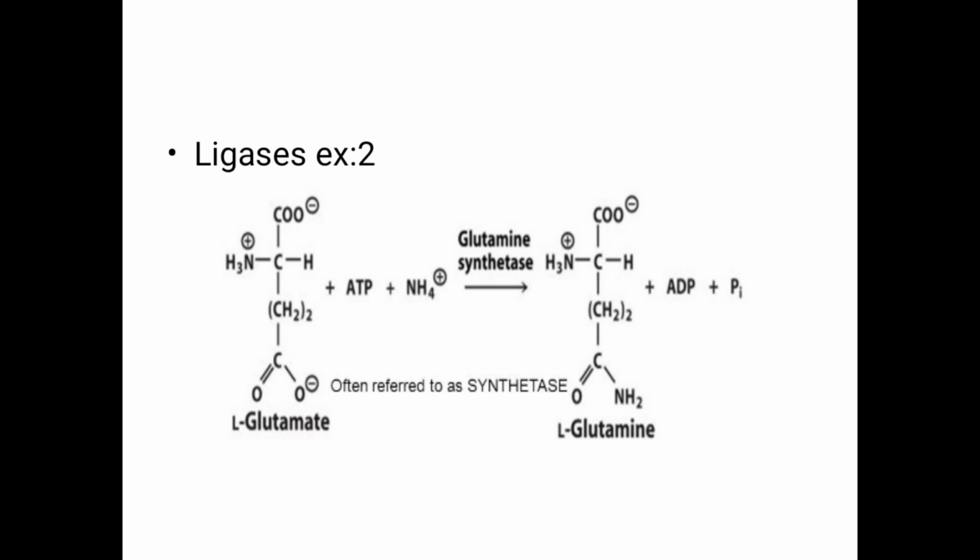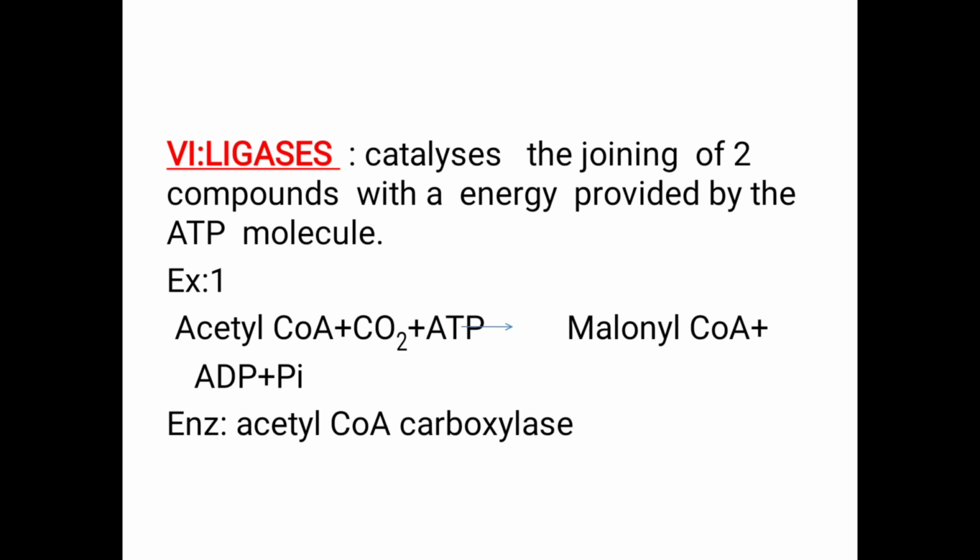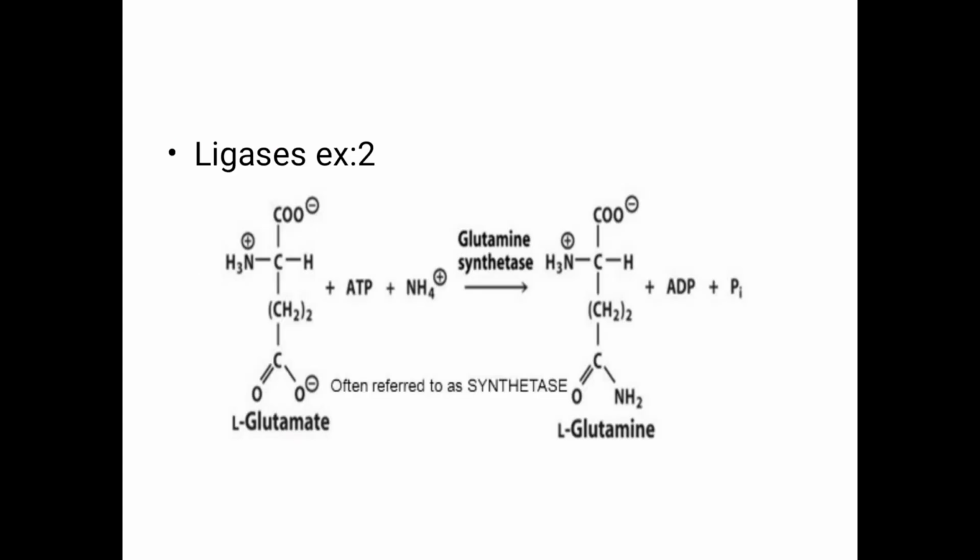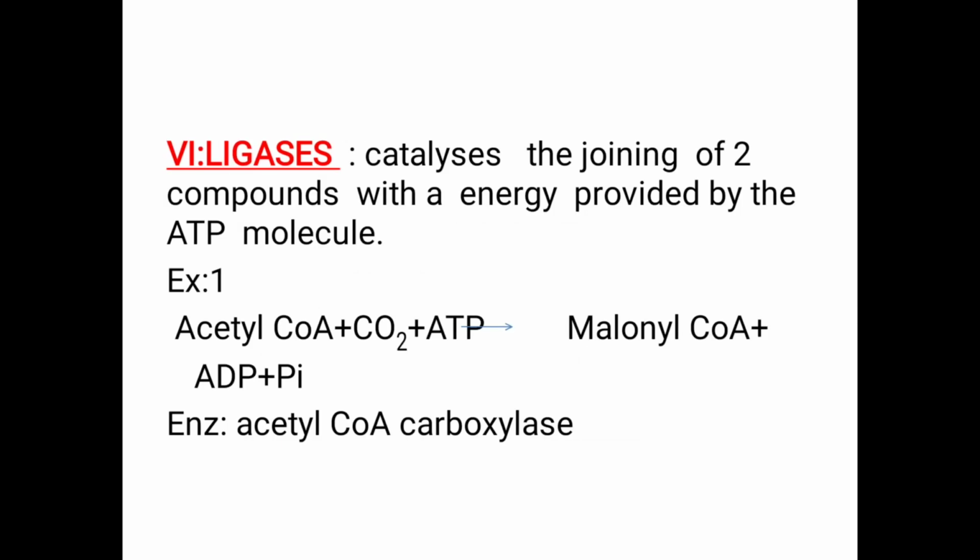Here again there is joining of two compounds: ammonia is added to glutamate to form glutamine. So glutamine synthetase is an example for ligase. The first example we can give is acetyl CoA carboxylase.